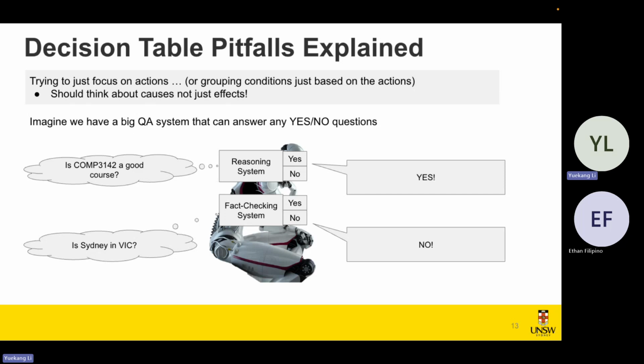So we may only eventually build two test cases if we use decision table, right? And in this case, we are falling into the pitfall of oversimplification because we are omitting the diversity of the input space.